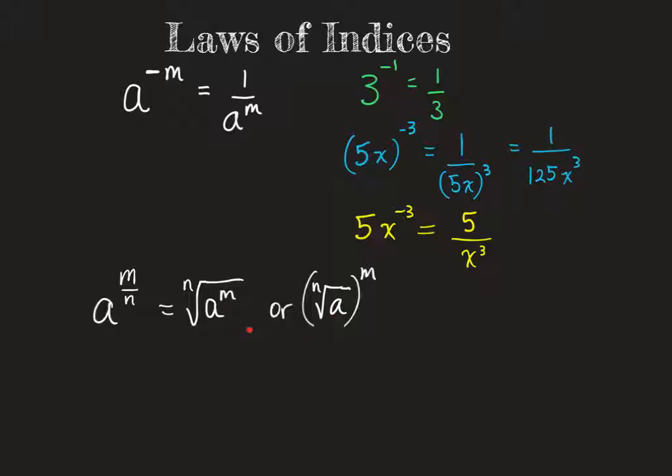Now, it is a little confusing for people if you haven't seen this before, that you can do this and this, and it comes out to be the same thing.